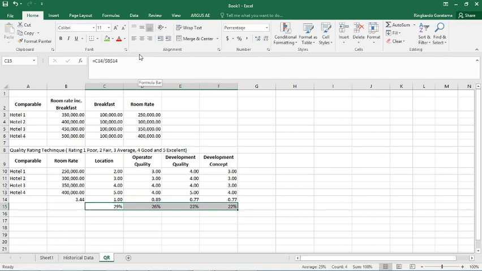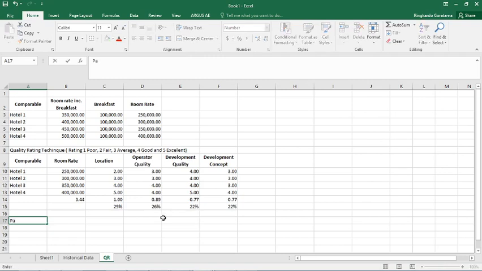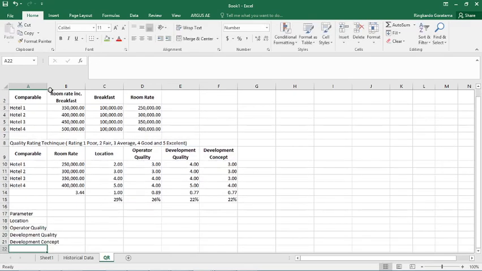All right. So the next step, we want to put the Jakarta City Hotel into the rating. So we have these parameters from the location, operator quality, development quality, and development concept.